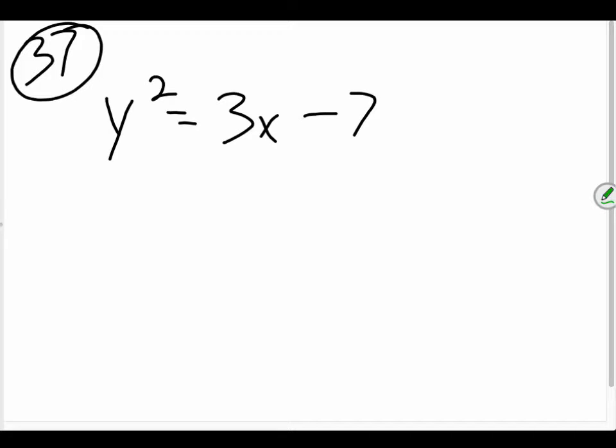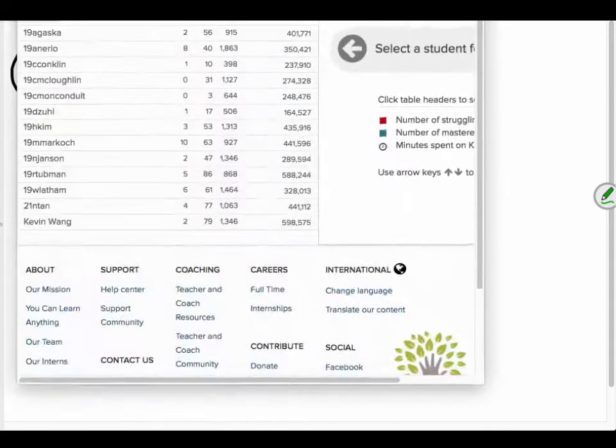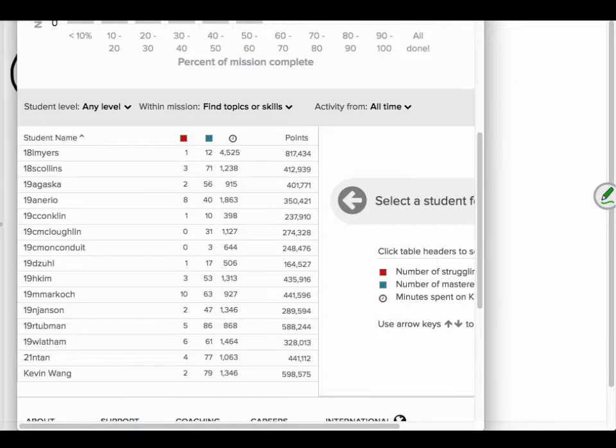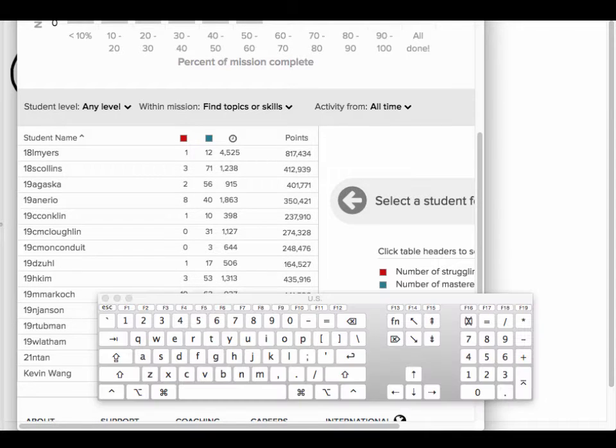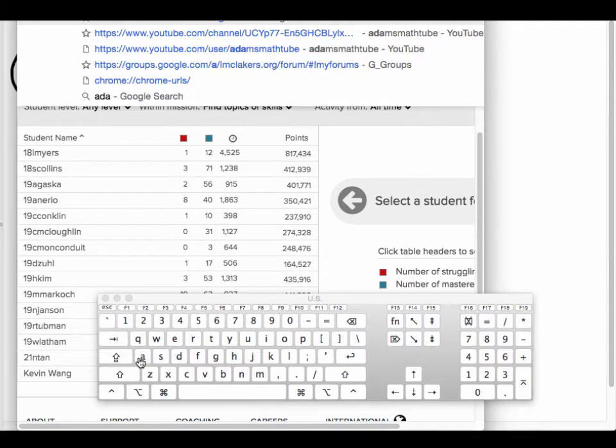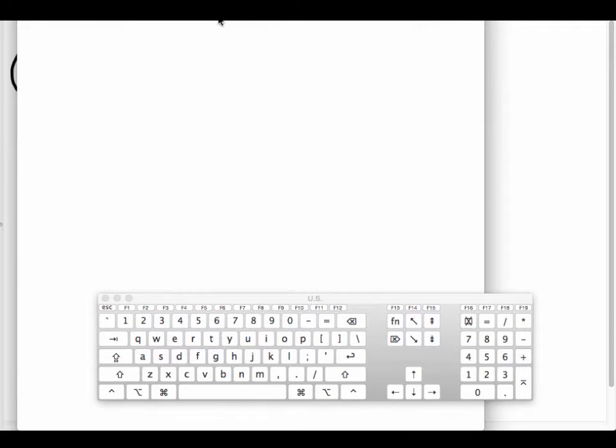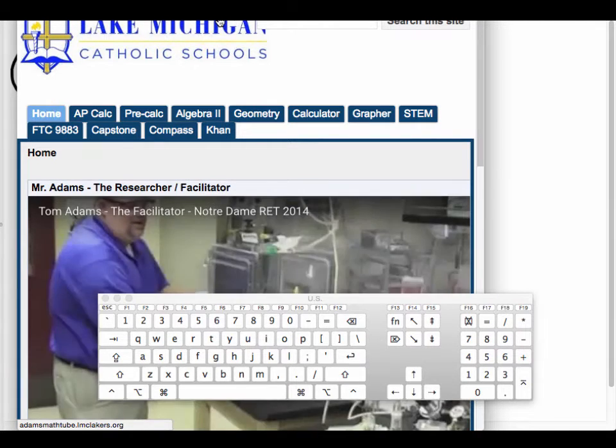Now you might have gotten stuck on that, trying to figure out... you might have gotten stuck on that because you probably.